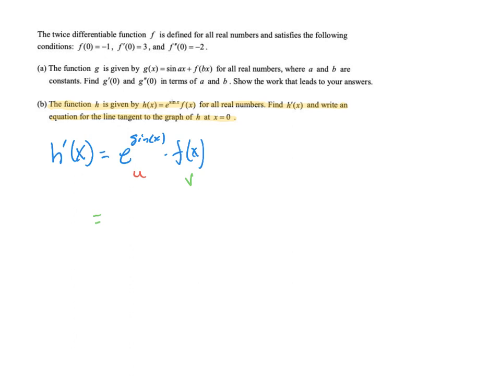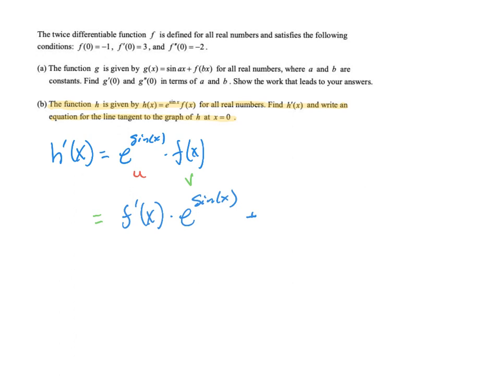So as you do this derivative, let's do uv prime first. So uv prime would be f prime of x, for the derivative of v times u, which is e to the sine of x. And then we'll do vu prime, so that's going to be f of x times the derivative of e to the sine x.